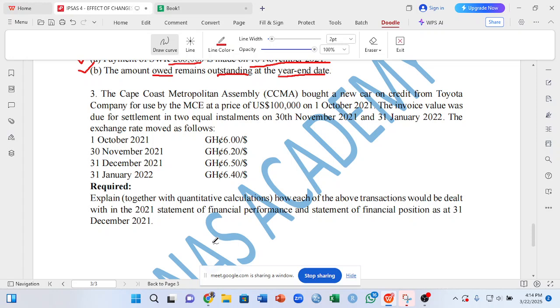But if the non-monetary asset is being measured at fair value, you use the rate at the fair value date. Then you can end with the computation is shown below. Do you get it? So when you see explain, don't be in a hurry to just solve. Otherwise, you may lose the marks for the explanation.